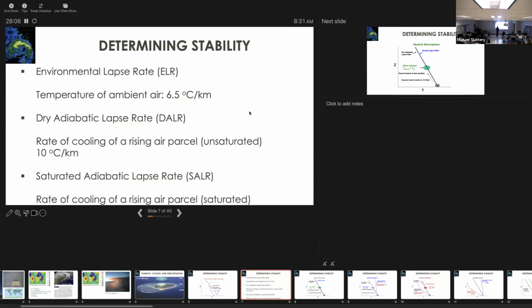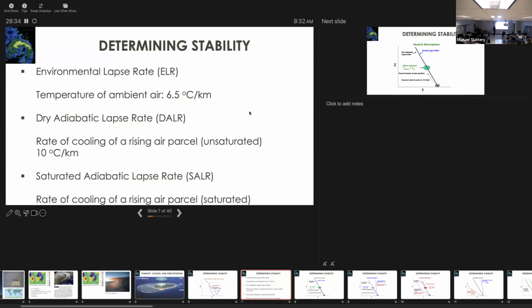We're going to have to work in Celsius and kilometers here, because working in Fahrenheit and yards and feet and fathoms just doesn't work. Right? Because it's much easier. The world all uses, even the US, uses degrees Celsius and kilometers for these calculations. So we've got the actual change in temperature with height. And again, on average, that's 6.5 degrees Celsius per kilometer, but that will change by minute, by hour, by day, depending on what the atmosphere is doing.